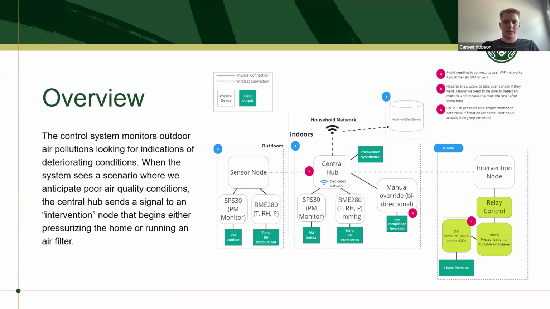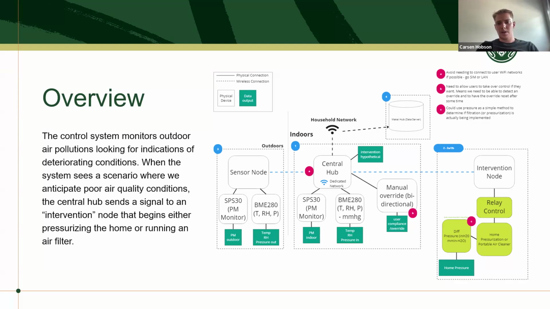So an overview. It monitors outdoor pollution, looking for indications of deteriorating conditions. When it sees a scenario where we anticipate poor air quality, it'll send a signal to the intervention node, which would begin pressurizing the home or running an air filter.